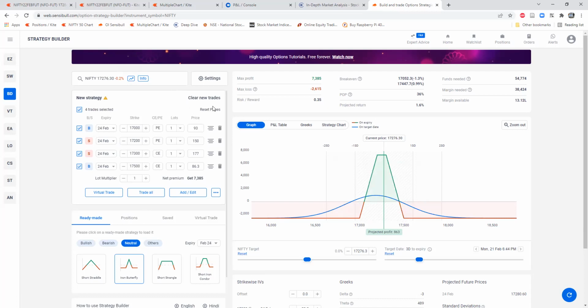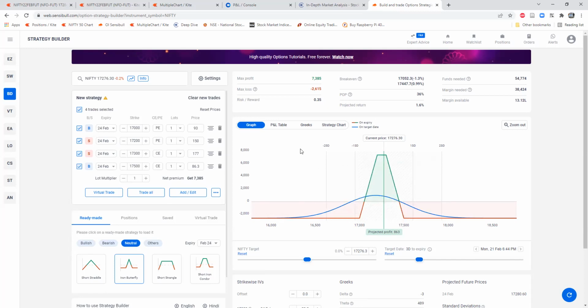If this strategy is deployed, you will require around 54,000 per lot, and you will be able to get a profit of close to 7,000 if all is well. So your return would be about 1.6% per week. That is decent returns.